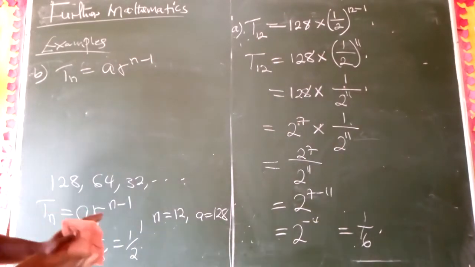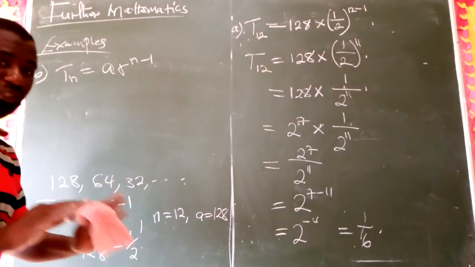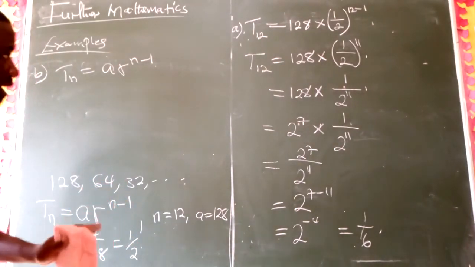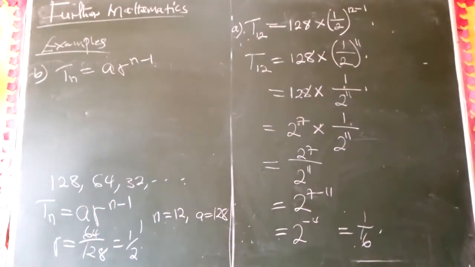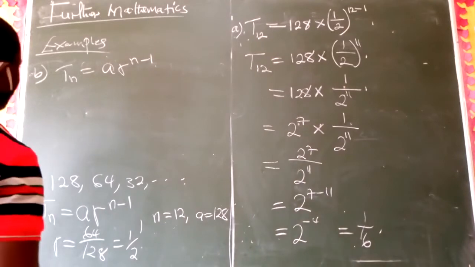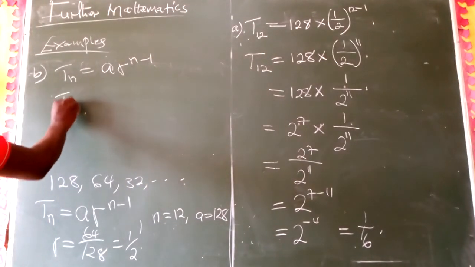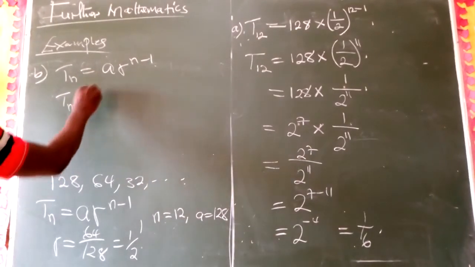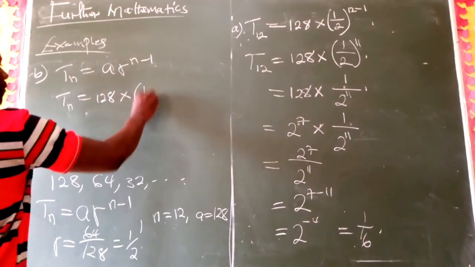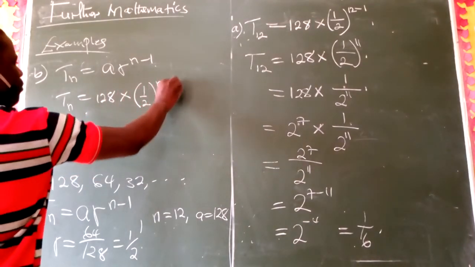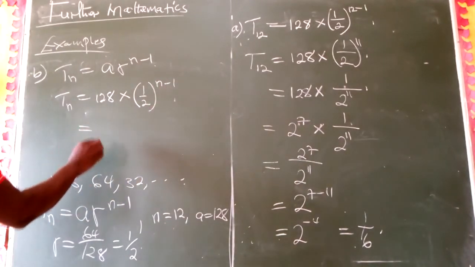If I'm looking for the formula for the nth term of a particular GP or even AP, I will not touch n. I will just leave it the way it is because that is what determines the general term. So now the first term is 128 times the common ratio, a half, raised to n minus 1. I will just need to simplify this.